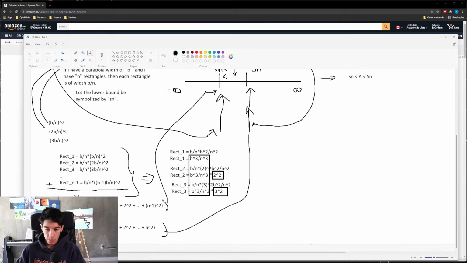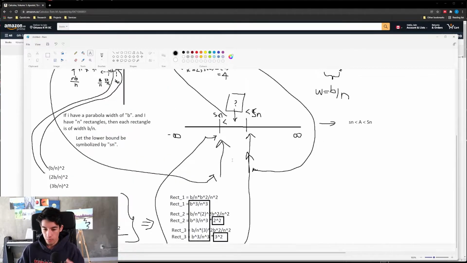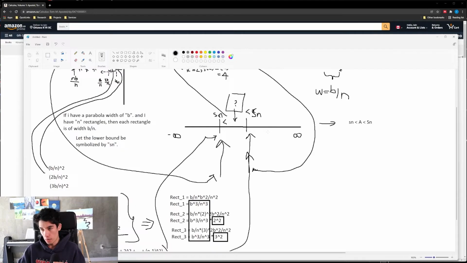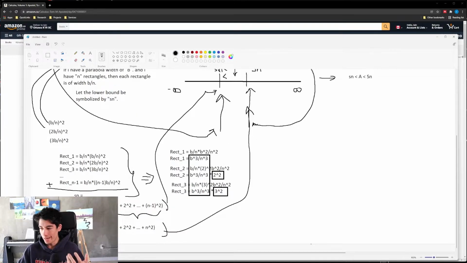The very first algebraic manipulation we're going to make is to replace these square terms with something that is simpler. We need an analytical way, or a closed form way, an equation that allows us to calculate the sum of squares without literally writing out all the terms.